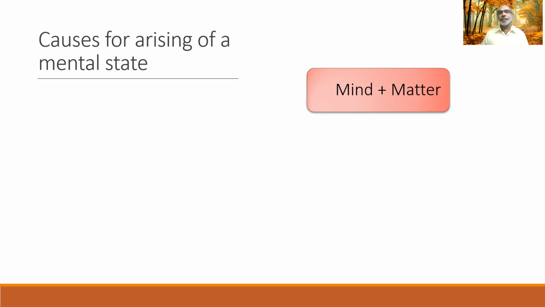Without the mind, a mental state is not possible. And mind normally operates on the matter or combines with the matter to generate a mental state. I will highlight that part, the matter part, when we discuss the next level of mindfulness, which is the mindfulness of mental objects.